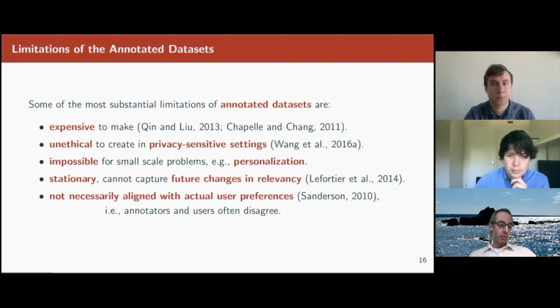Annotators and users disagree, and that's a big challenge. And so one of the motivations certainly for learning to rank from user interactions is to, in a sense, get the signal closer from actual users, who will be the people consuming the ranked lists of documents that we generate.